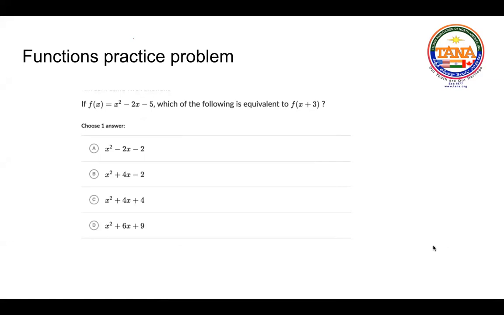Also, did the people who are answering something different from what I got understand why I got what I got and not whatever you guys got? Just put it in the chat if you do, or if not, just say I don't and I can go back and review it.